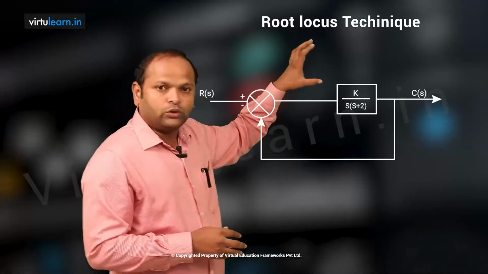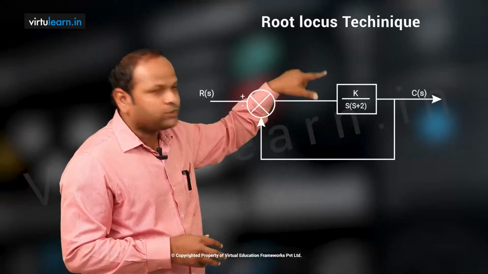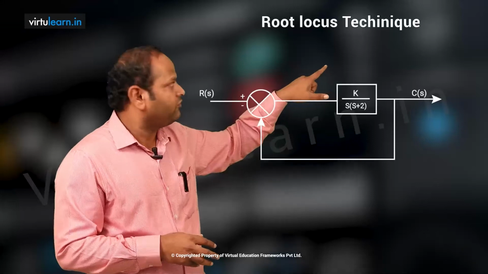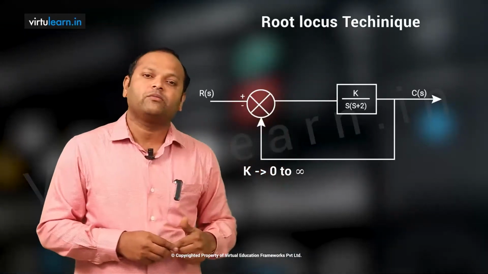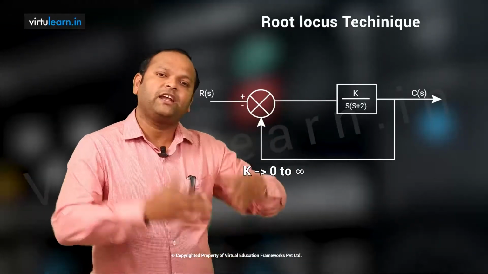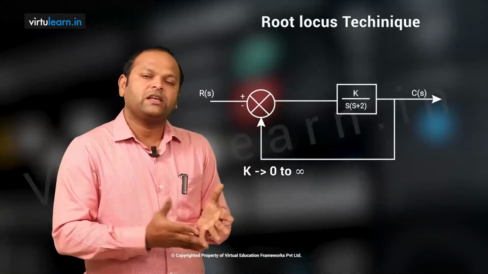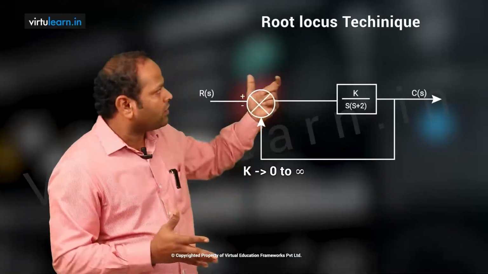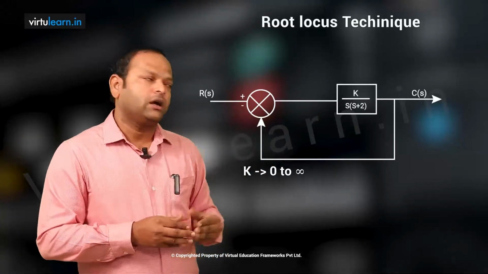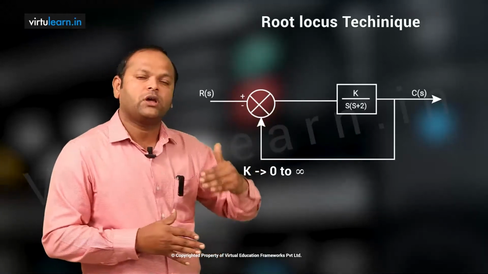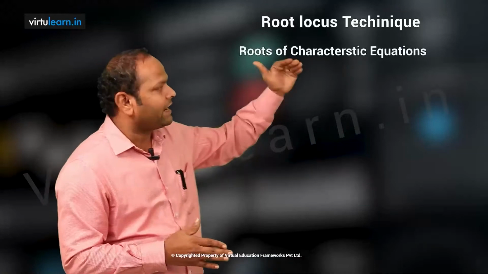Then I want to know the location of the poles of the closed loop system when the parameter k is varying from 0 to infinity, the complete variation. When k is 0 to infinity, what are the locations of those poles? I need to find that. That is what the root locus is, or the roots of the characteristic equation of the system.